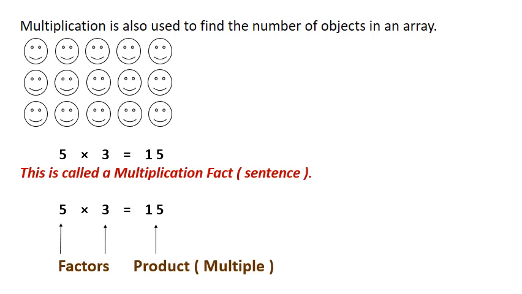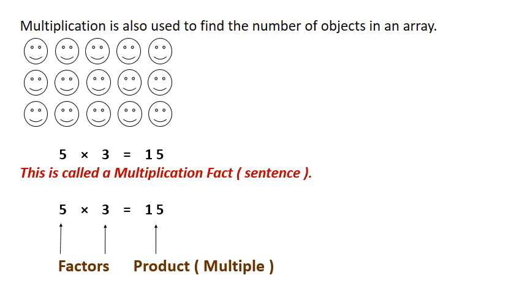Here you can see this 5 multiplied by 3 is equals to 15 can be called as a multiplication fact, or you can also call it multiplication sentence. So 5 multiplied by 3 is equals to 15 is a multiplication fact, or you can call it a multiplication sentence.